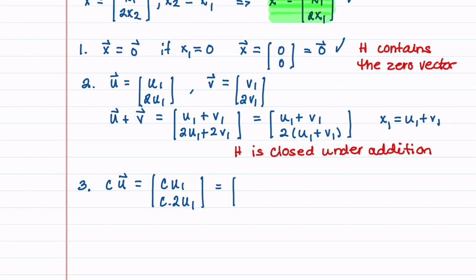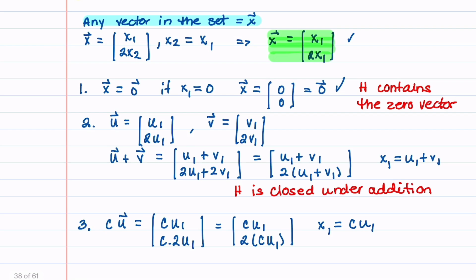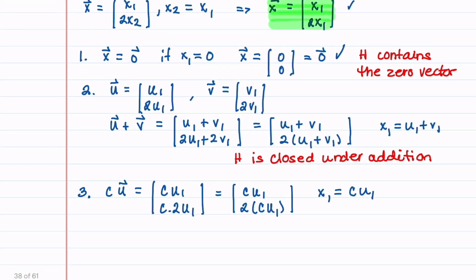I'm going to rewrite this. The first component stays the same, and then I'm going to write the second component as 2 times cu1. Then I'm going to set x1 equal to cu1 and look back up to our vector highlighted in green and see if it's the same. And it definitely is. So that tells us that our set H is closed under scalar multiplication.